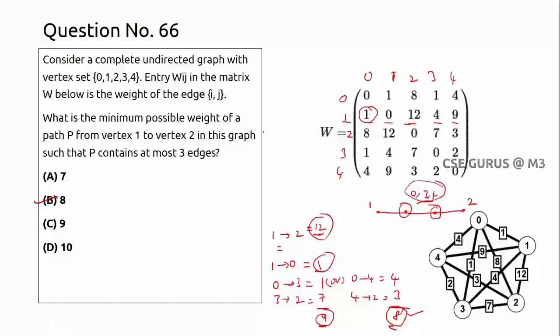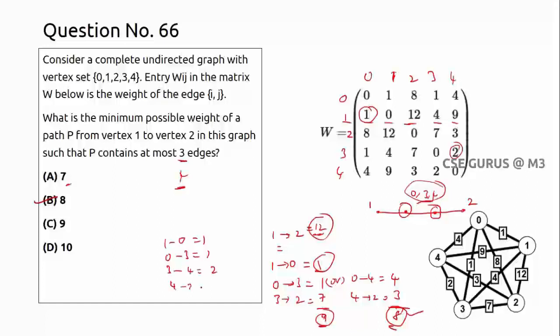And one more thing you can observe: if the constraint is given as 4 edges, my answer will be option A. Why? Because 1 to 0 is 1, 0 to 3 is 1. Now, instead of going from 3 to 2, from 3 the minimum distance is 3 to 4, which is 2. So 1 to 0 is 1, 0 to 3 is 1, 3 to 4 is 2.